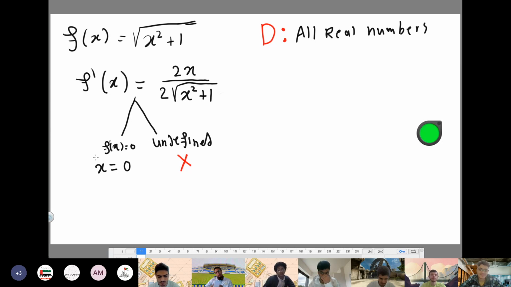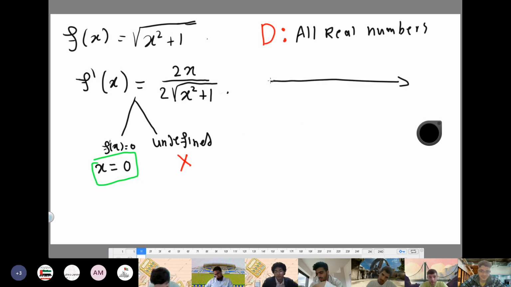Let's highlight it here. What's the next step? Put it on the number line. I'm going to put the zero, which is 0.